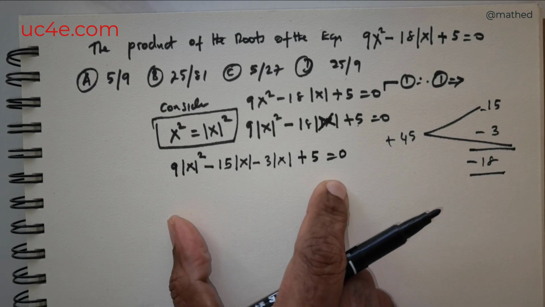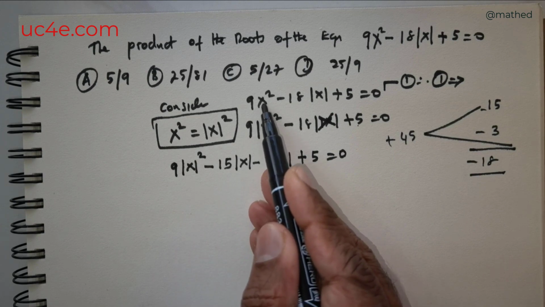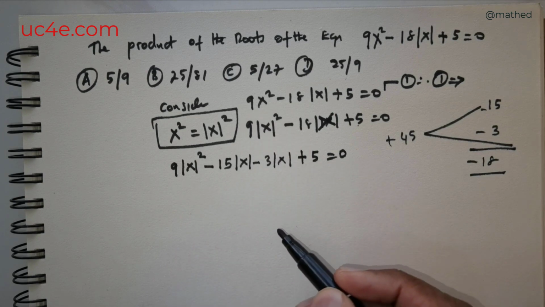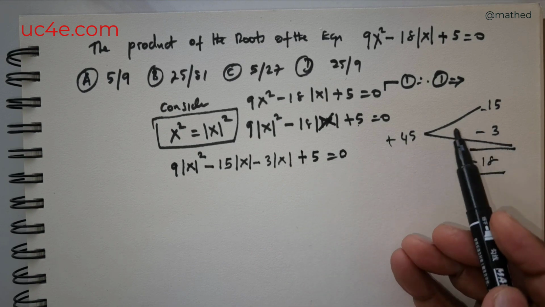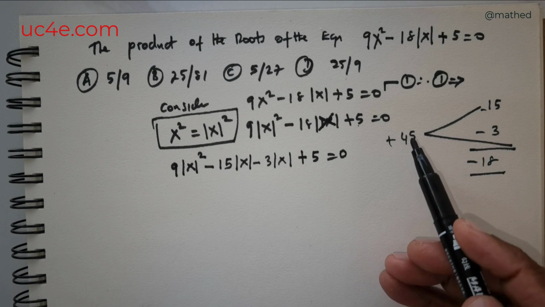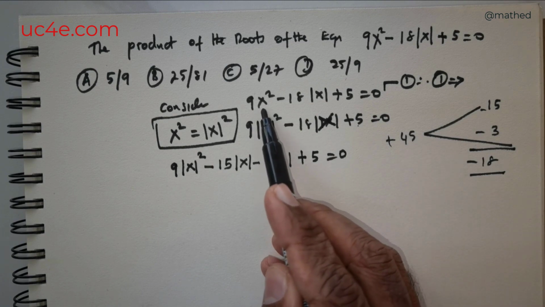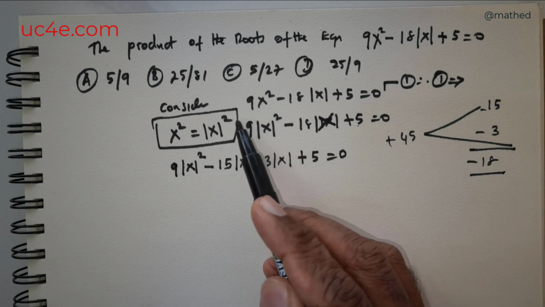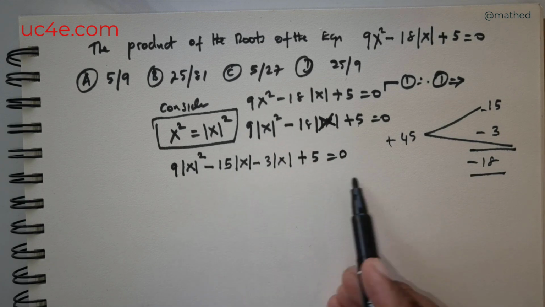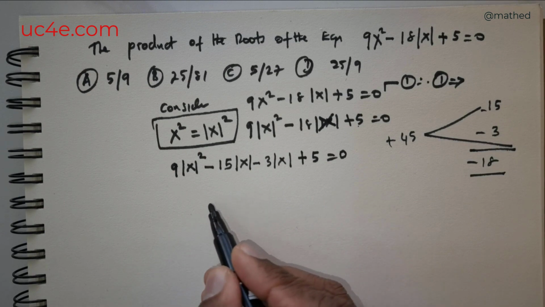Now we need to be a little bit careful because the coefficient of x squared is 9. We had already studied how to solve questions with factorization technique, but in those questions the coefficient of x squared was 1, and that is the reason we are adopting this way of handling the system.